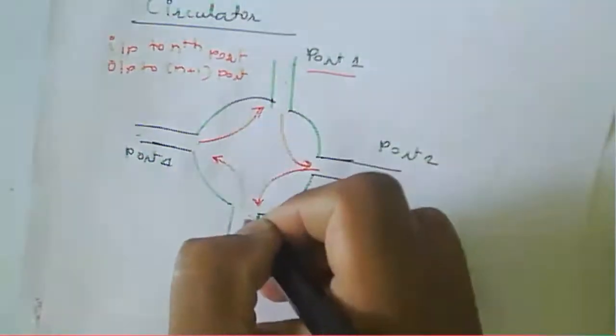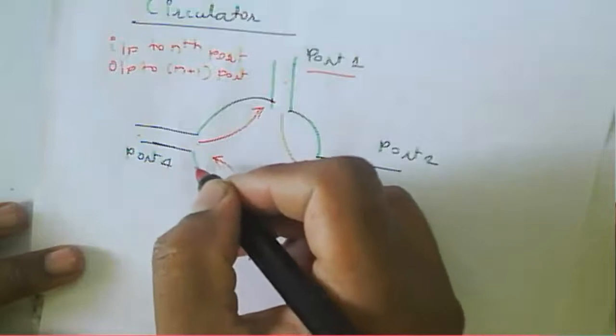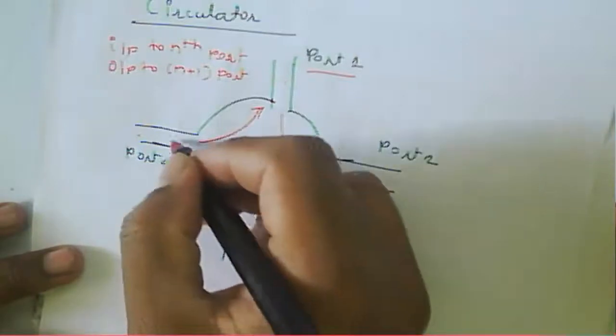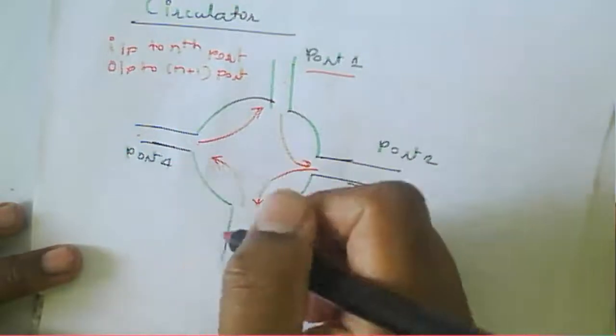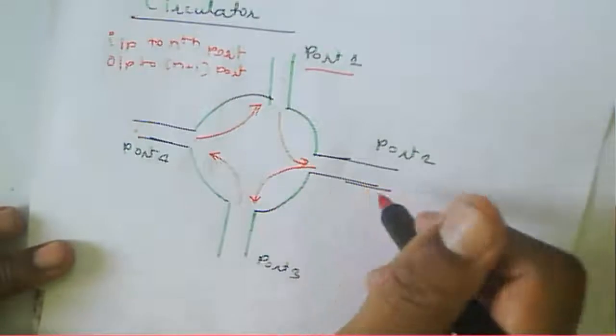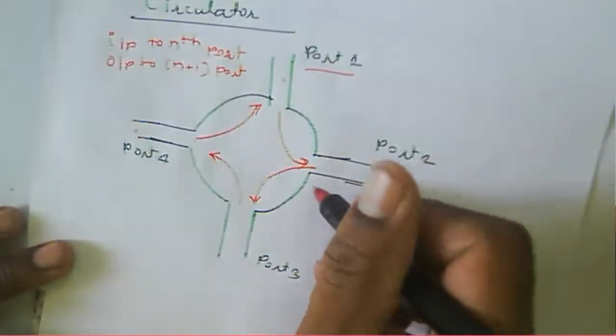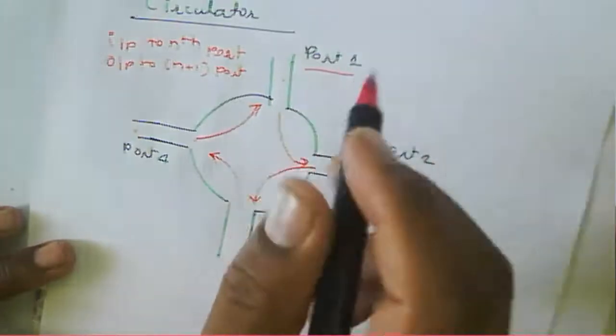But for the other port, there is a change in phase. So the outputs at port 3 and port 4 cancel each other. The same thing happens when we provide the input to port 2. Output is available here with the same phase, and the other outputs cancel.